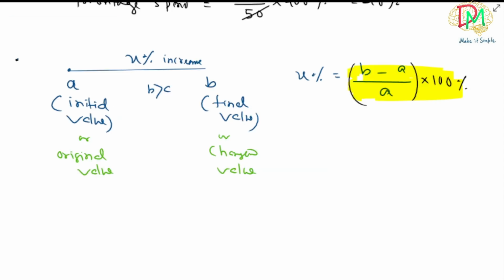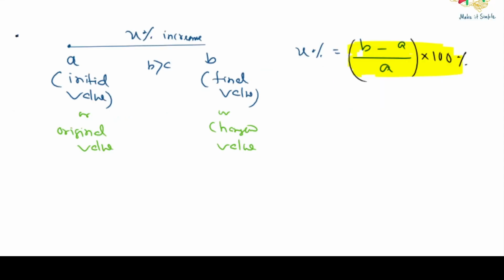Next we learn the percentage increase if the initial value and the final value are given. So x percentage is equal to (b minus a) by a into 100%.